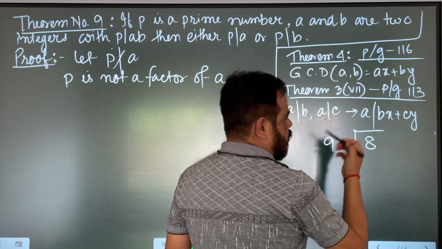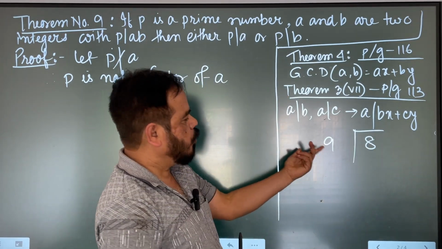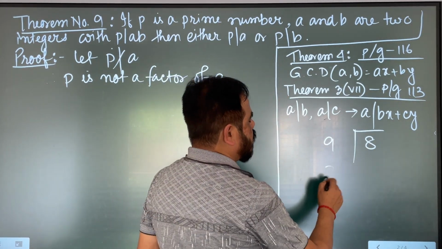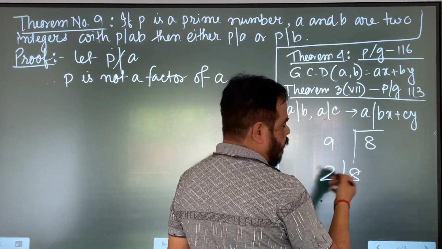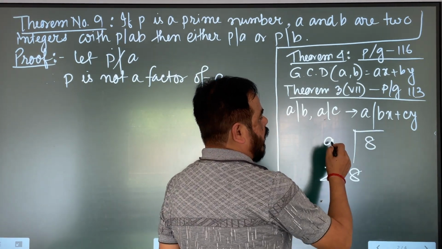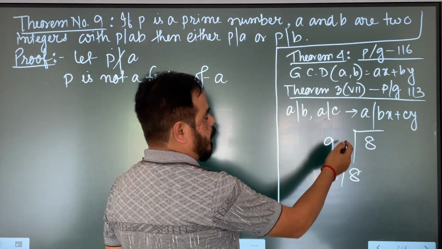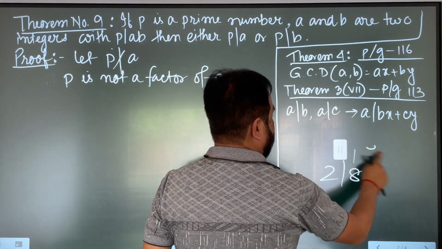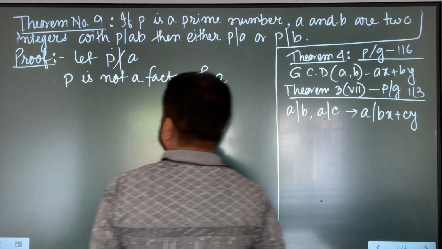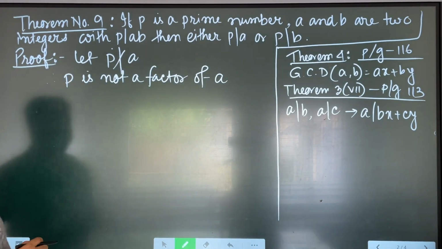By 9 we cannot divide 8. 2 divides 8. Yes, 2 is a factor of 8. But 9 we cannot divide 8. So 9 is not a factor of 8. Because we cannot divide. I hope you understand. So P is not a factor of A.